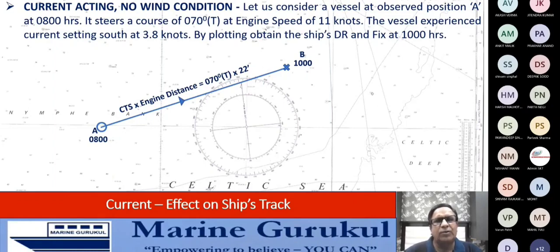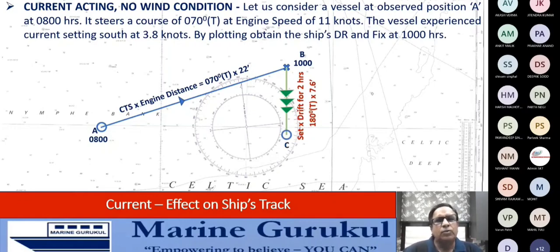As the water starts flowing southwards, the vessel would also drift southwards. So the vessel shall start drifting over the ground in this direction as represented by the green vector. The green vector represented by 3 arrows is the current vector, and this is the standard 3 arrow notation used in chartwork. If the vessel drifts for 2 hours, then she would have drifted through a distance of 3.8 times 2 equals 7.6 miles, and she would reach point C.